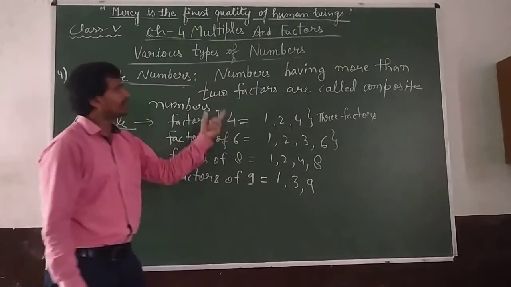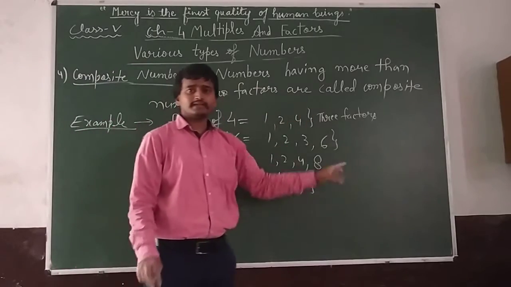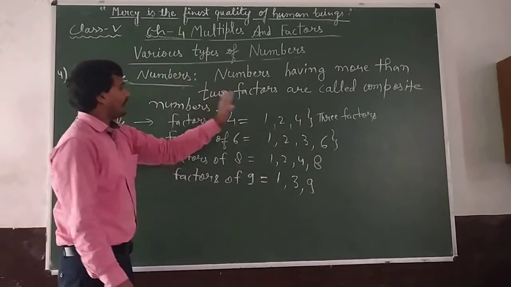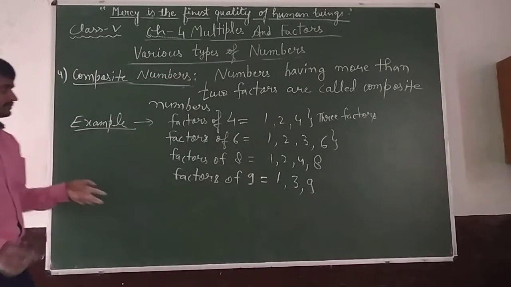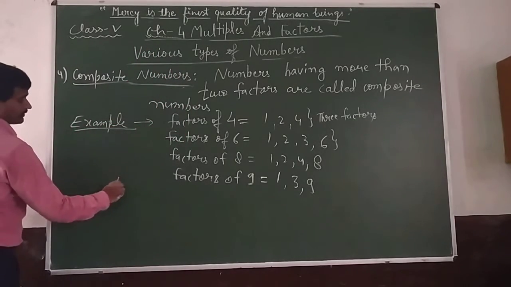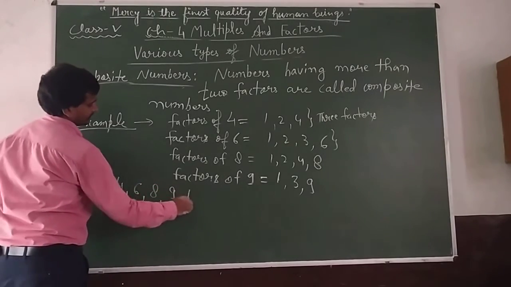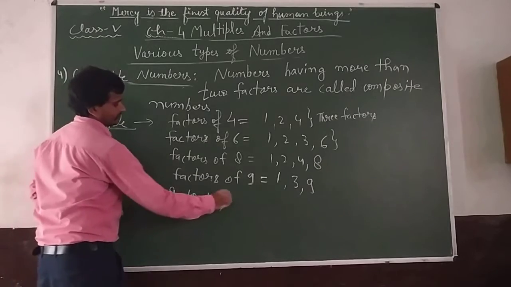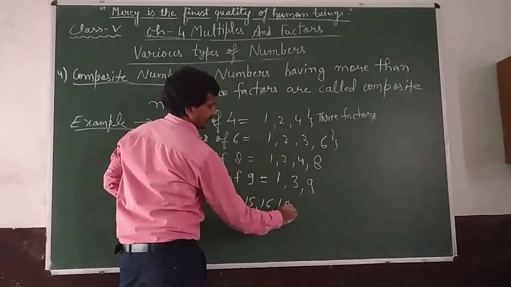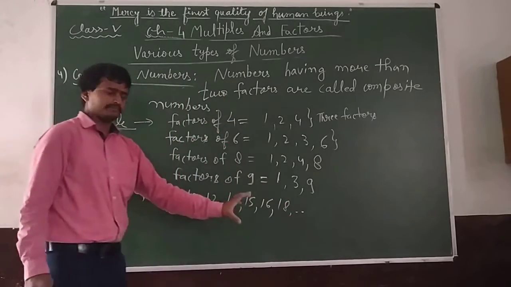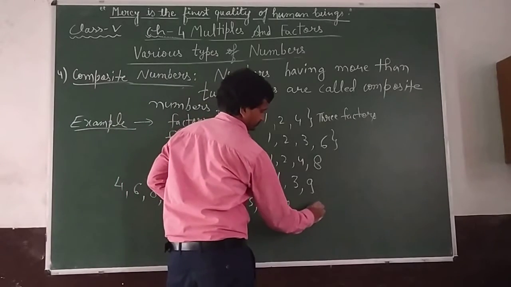All these numbers have more than 2 factors. 10, 12, 14, 15, 16, 18, and so on. Such types of numbers are called composite numbers.